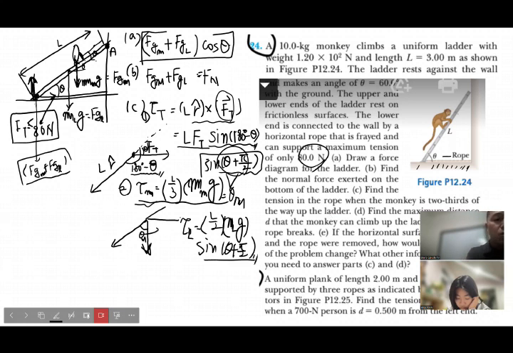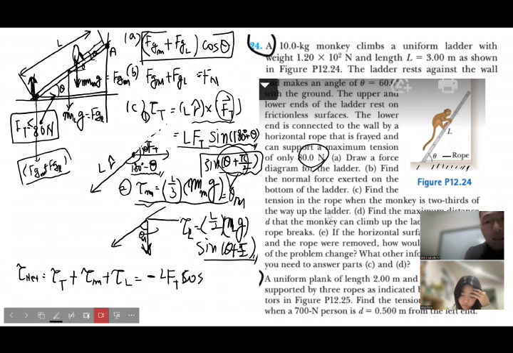So basically the net torque, the total torque, should be the summation of the torque from tension, the torque from the monkey, and the torque from the ladder. That should be minus L Ft cosine. Oh, I'm sorry, this should be sine because it's 180 degrees.